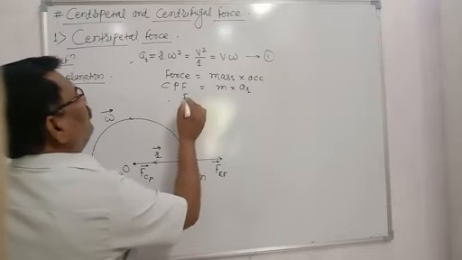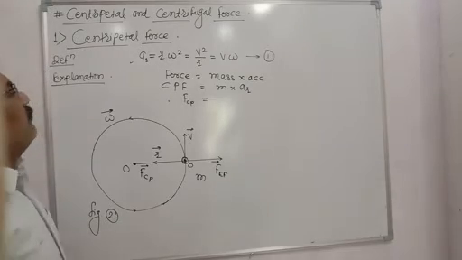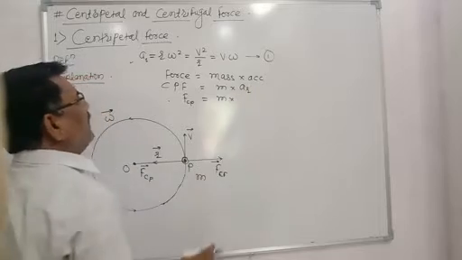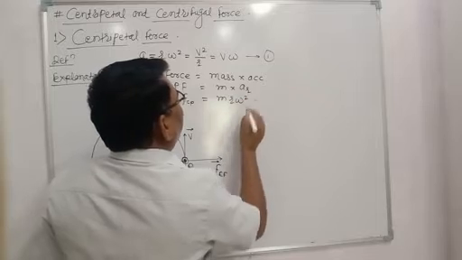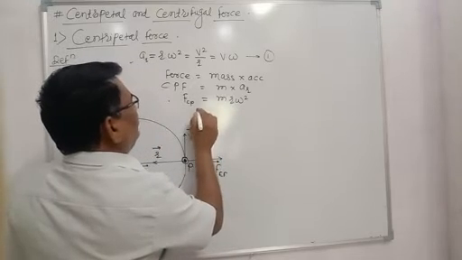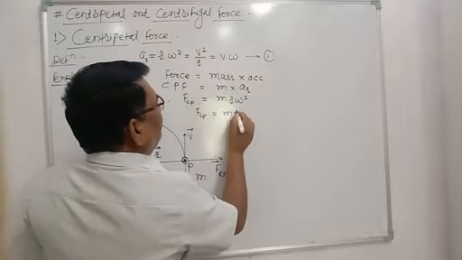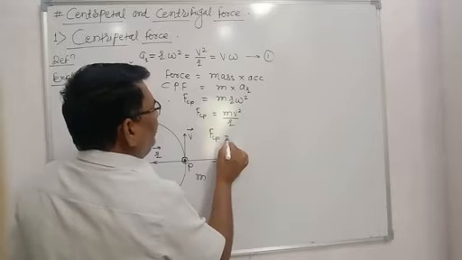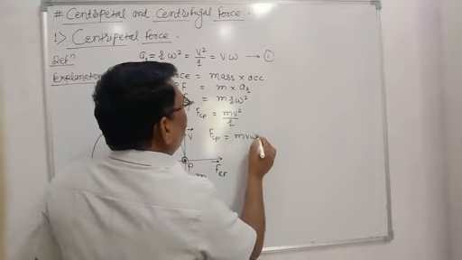That centripetal force F_CP is equal to mass into radial acceleration, which is R omega square, so we can write it as F_CP = m r omega square, or mass into V square upon R, F_CP = m v square upon R, or F_CP = m v into omega.